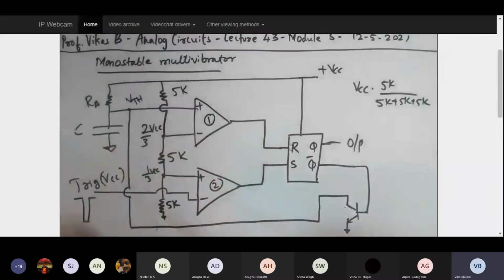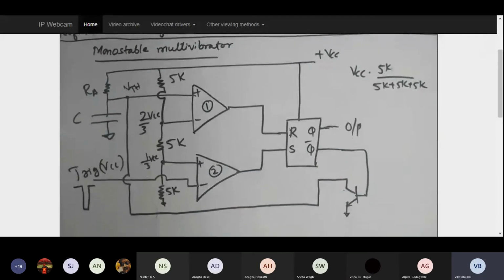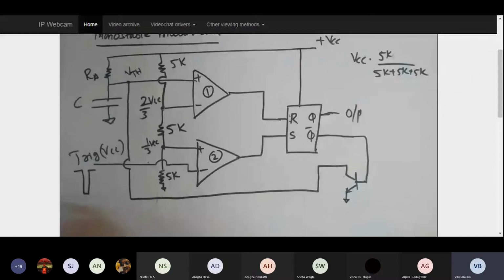Now, in this entire operation, I am going to generate a pulse based on the value of trigger. So how and when the trigger value is applied, based on that, I'm going to generate some pulse. Before that, let's try to understand some of the fundamentals with respect to the RS flip-flop. So let's try to get the truth table of the RS flip-flop.